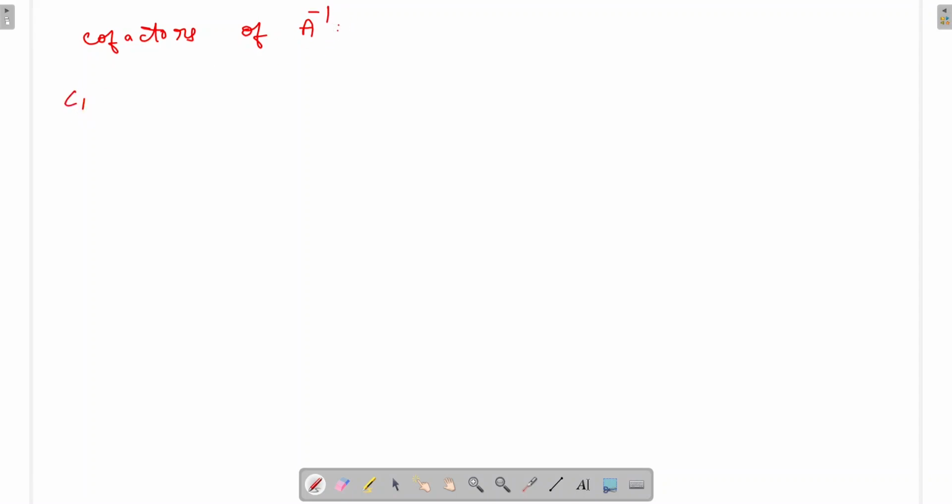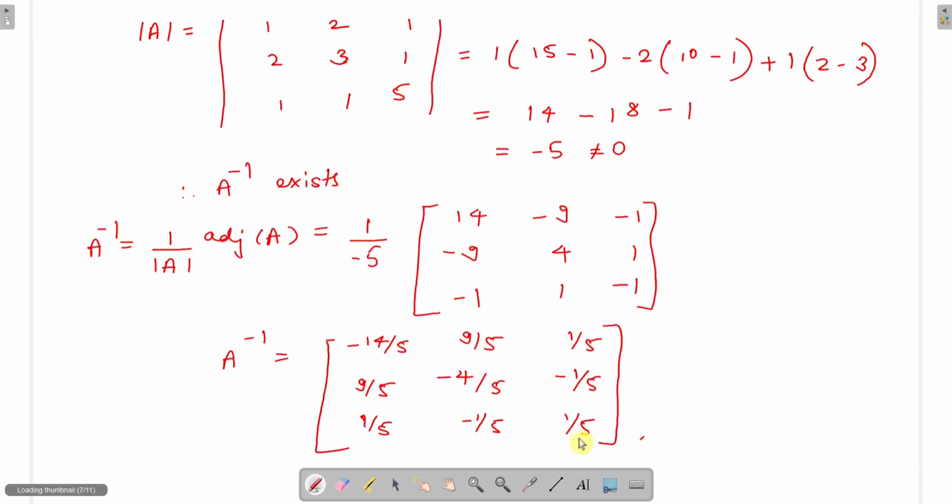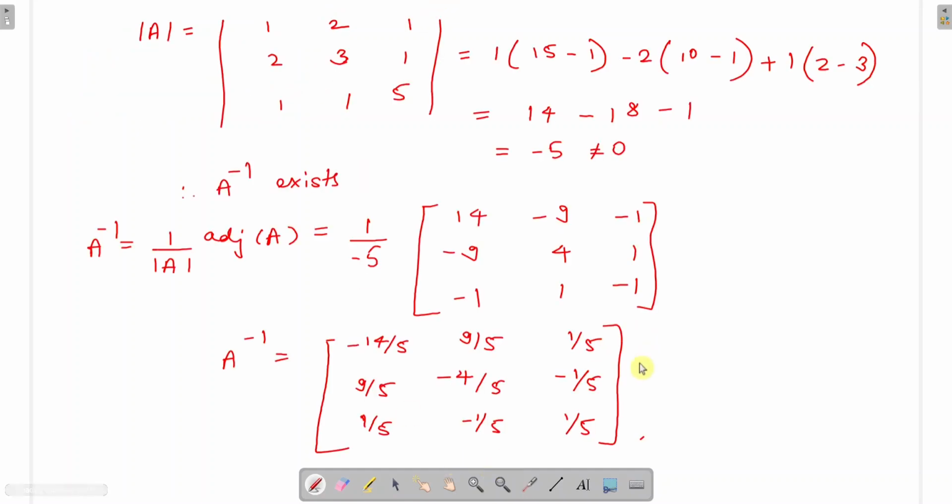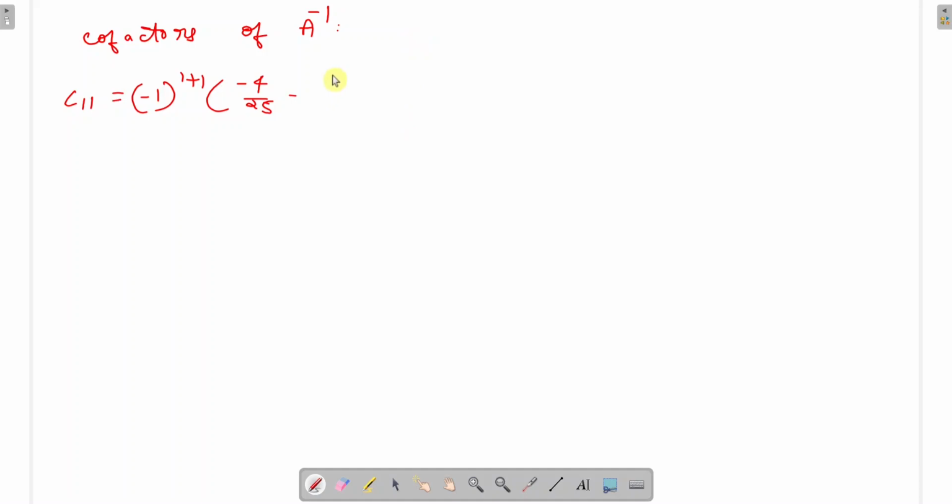Okay, so C11 is equal to minus 1 raised to 1 plus 1 times minus 4 by 5 times 1 by 5 is minus 4 by 25, minus of minus 1 by 5 times minus 1 by 5 is 1 by 25. So minus 1 raised to 2 times minus 5 by 25. So that is minus 1 by 5.